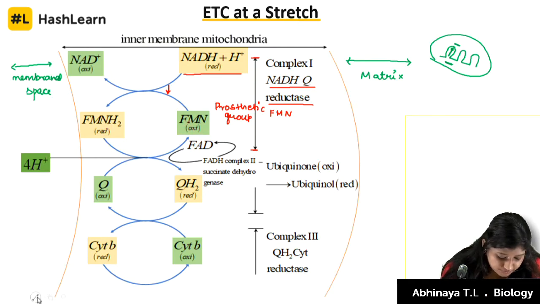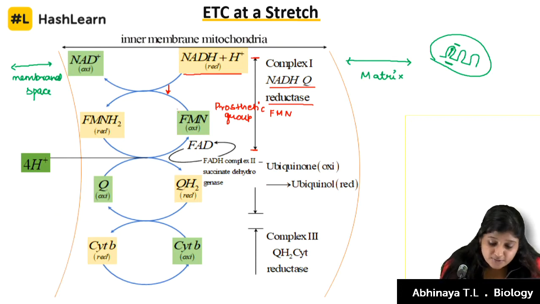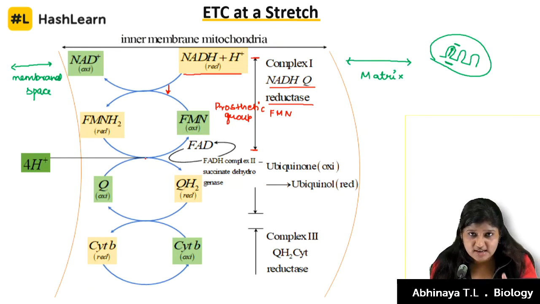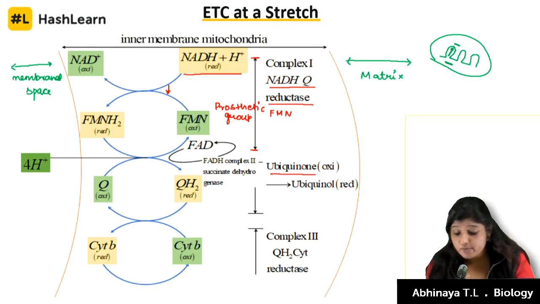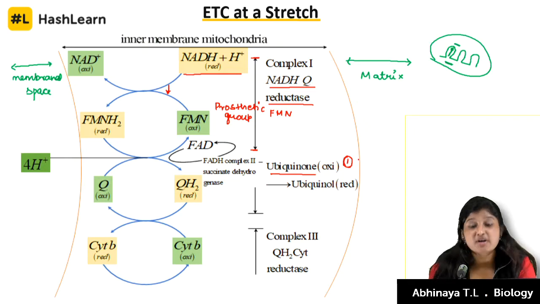Now, as the proton has been lost from NADH to FMN, the reduced FMN transfers the electrons. We were talking about protons then, now it is the electrons to something called ubiquinone. Ubiquinone is the first small electron carrier.